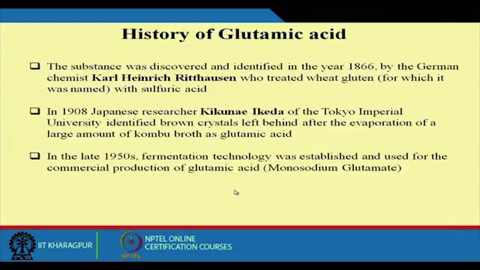Now, if you look at the history of the glutamic acid, the substance was discovered and identified in the year 1866 by German chemist Karl Heinrich Ritthausen, who treated the wheat gluten, for which it was named, with sulfuric acid.